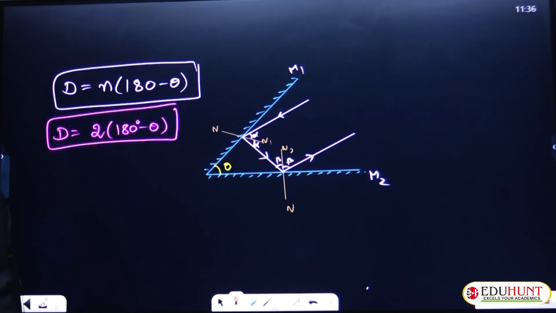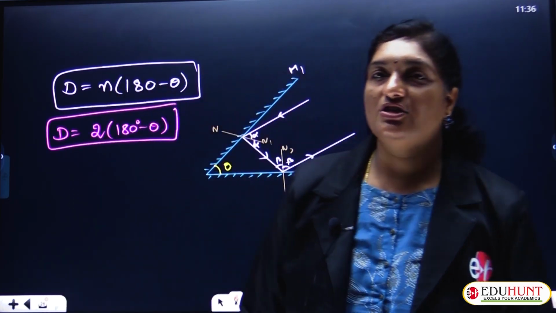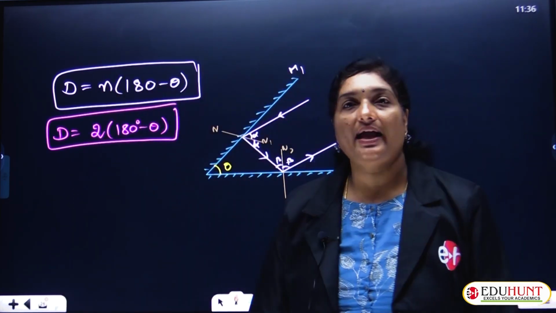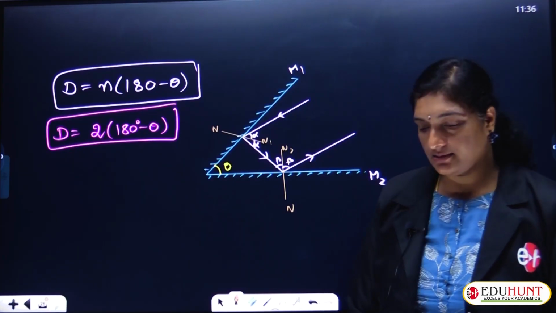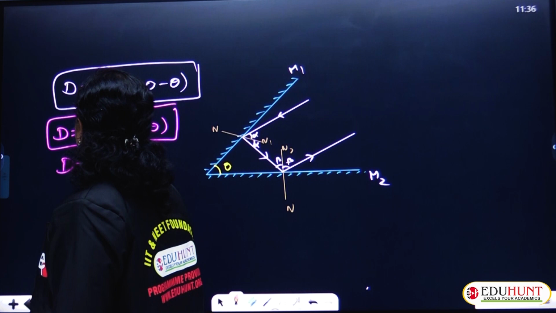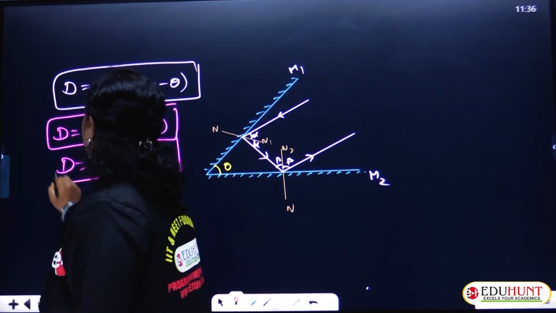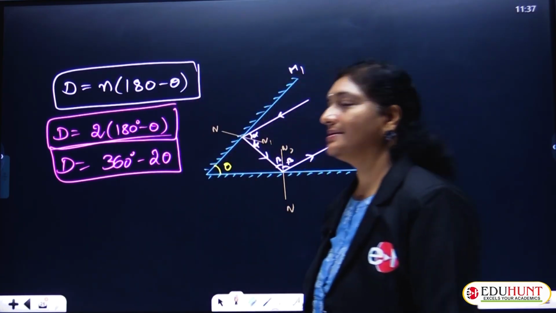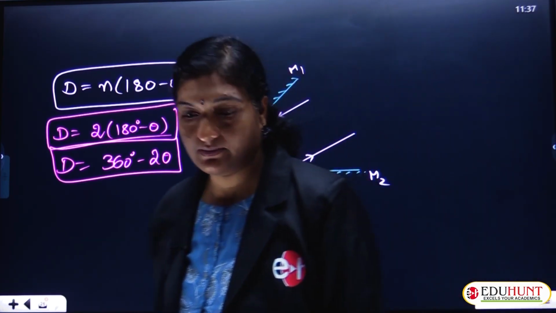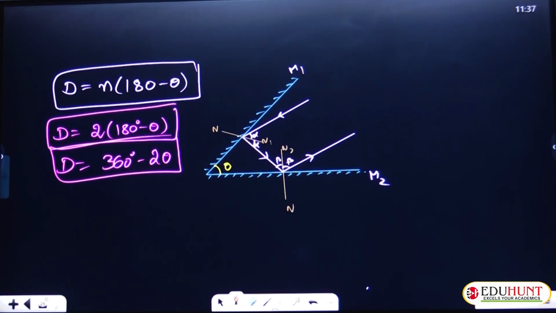If the number of reflections is only 2, then the formula for the deviation will be equal to 2 times 180 minus 2 theta, or D is equal to 360 degrees minus 2 theta. Both are the same, 360 minus 2 theta. So try to remember, children, this formula is helpful for solving a few numericals.